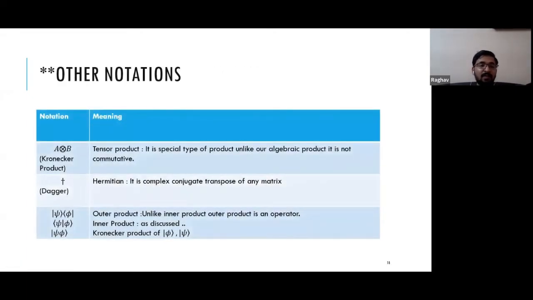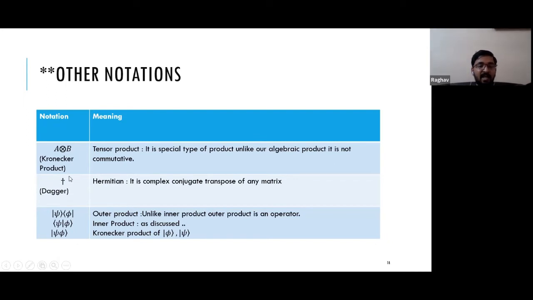So for advanced readers, there are other important notations that you will learn whenever you go through a quantum mechanics course, like the tensor product or Kronecker product. It is similar to a product of two matrices, but it differs in that order matters here. It is not commutative.